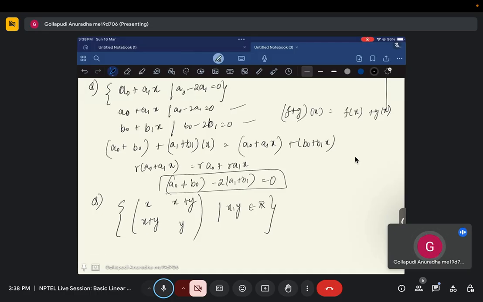The zero vector is there here, and also if you write x1 plus x2, y1 plus y2, you can write it as individual matrices; you can split this.